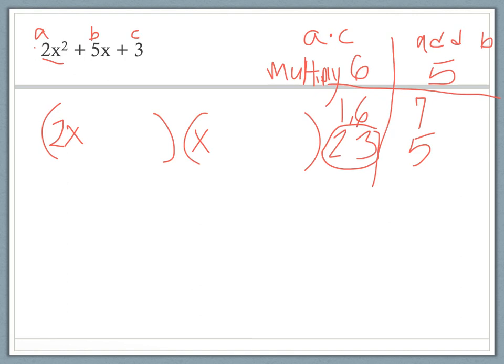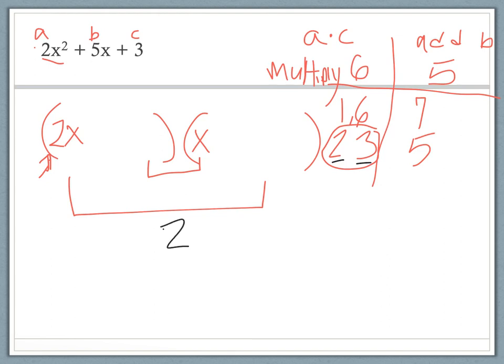Now when I use those factors, I'm going to have to make a 2 and a 3. If I look at my A term, the number right out front, it's a 2. So I have to use that number to make one of these numbers. 2 goes into 2 or 3. Well, it goes into 2 one time.